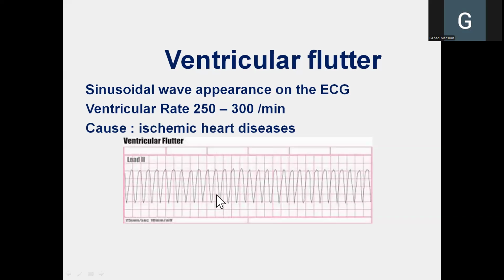So they mask the P waves completely. Any electrical activity related to the atria will never appear here because these complexes are broad, sinusoidal, and rapid. They are masking completely any atrial activity, including the wave of depolarization.